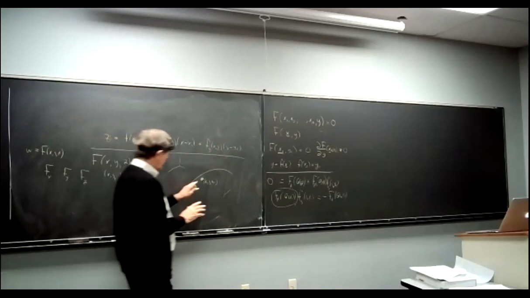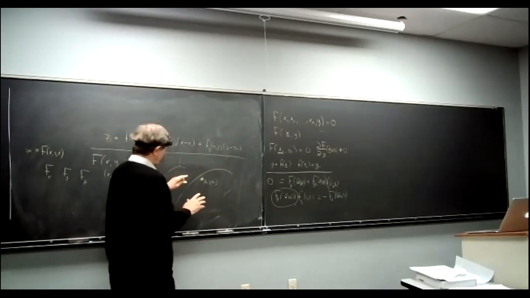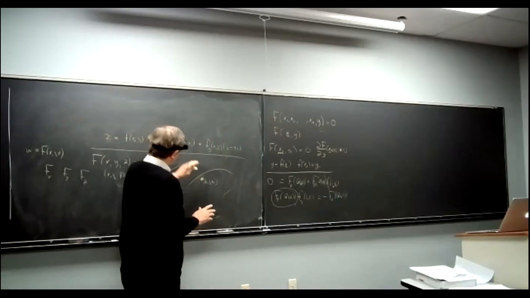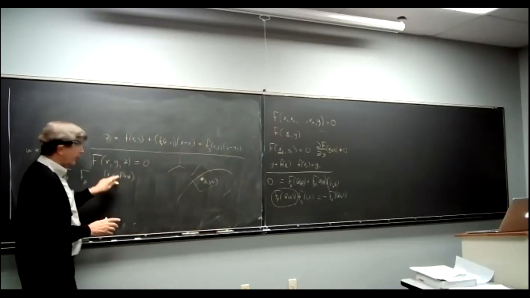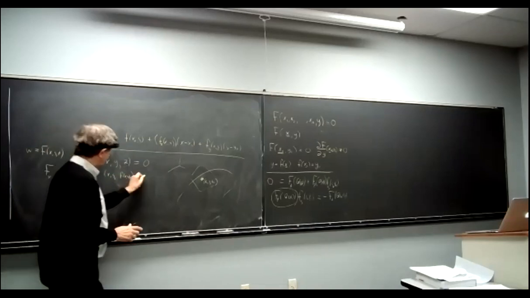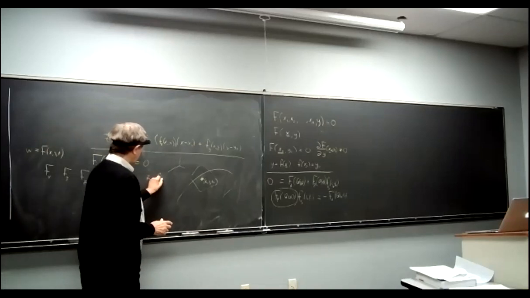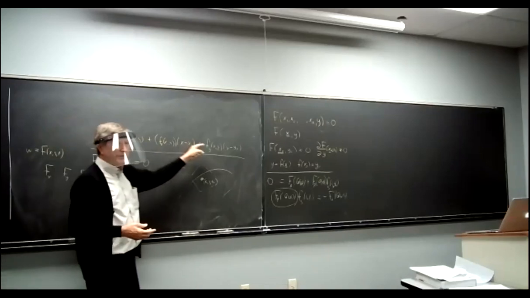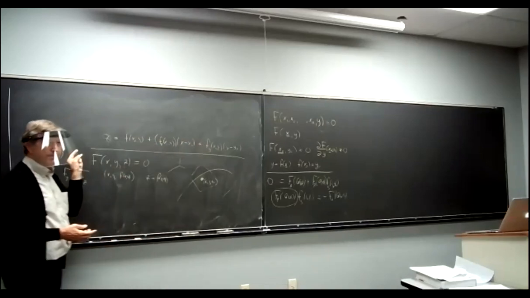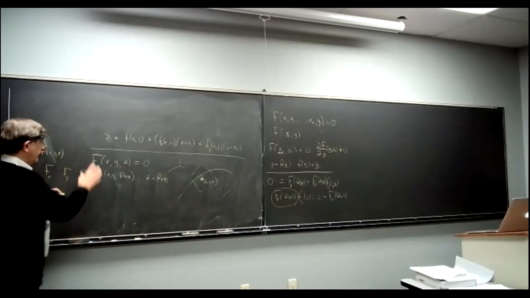Now, this thing, if it's a function of f, has a tangent plane that I can get if I knew what the function of f was. If I knew that z was f of x, y, I could get the equation of the tangent plane from it. Okay? So I have an equation of 3 variables.